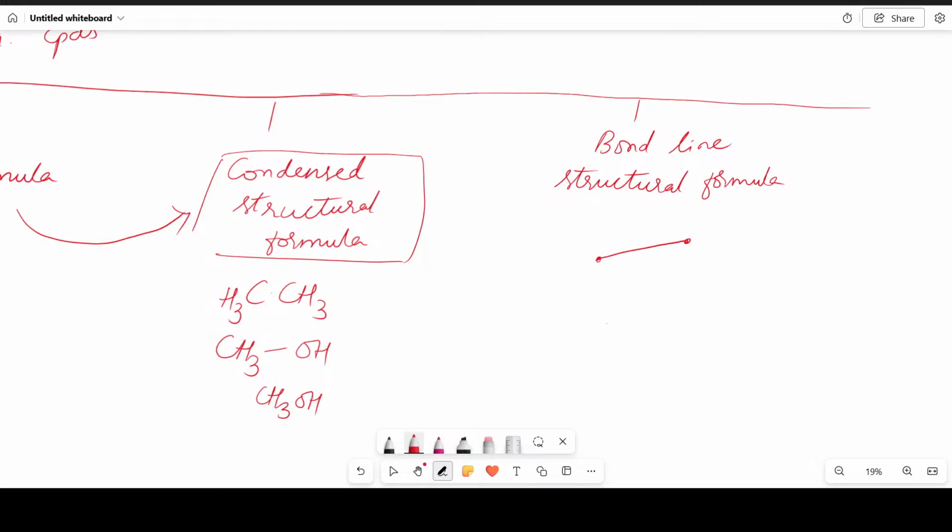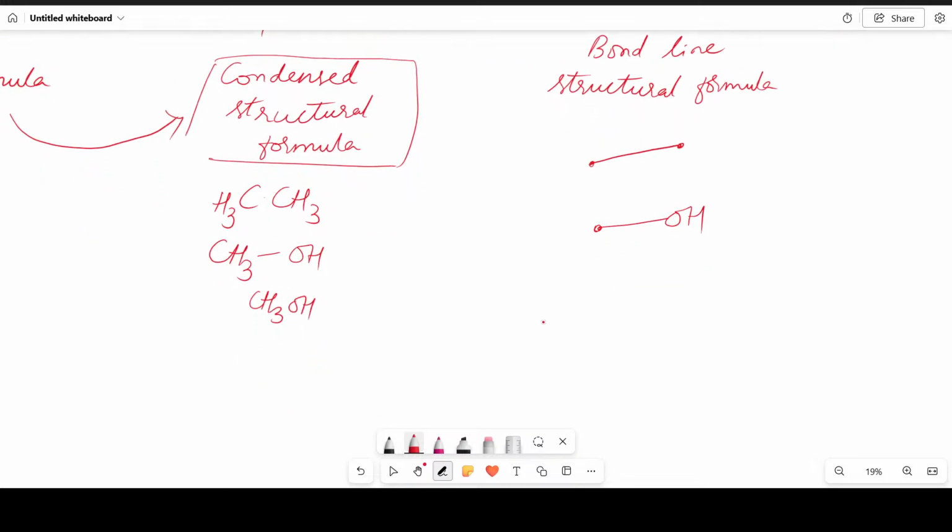Similarly, CH3OH. This is a carbon atom with 3 hydrogen atoms. To understand it better, we'll take one more example. Now here you can see these are the terminal ends.